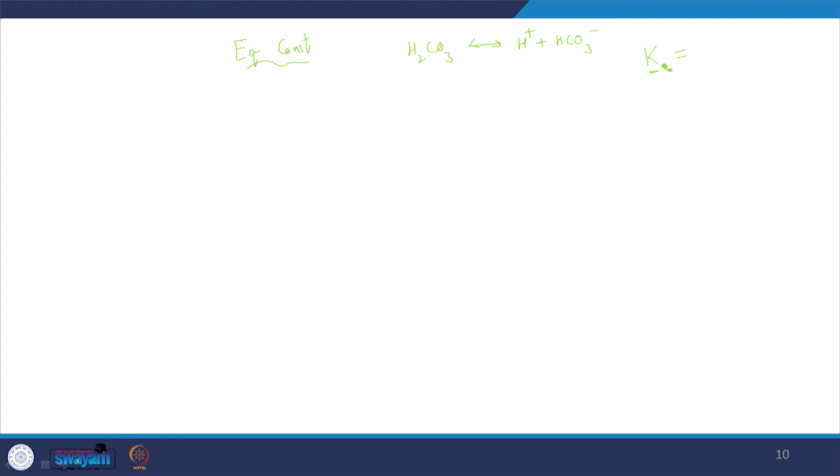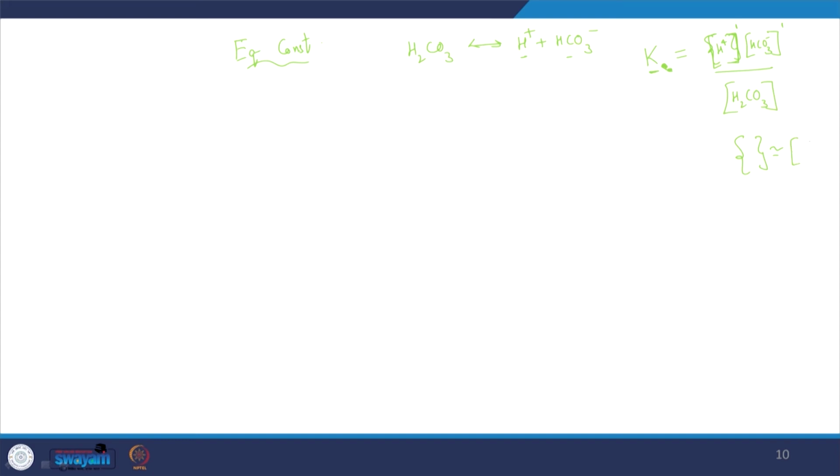Capital K is nothing but the activity, or let me not call it activity now, the concentration of the products. As you can see, the products are H+ and HCO3- raised to their stoichiometric coefficients, which here are 1 for H+ and 1 for HCO3-, divided by the concentrations of, or activities rather, which we are assuming to be concentrations here.